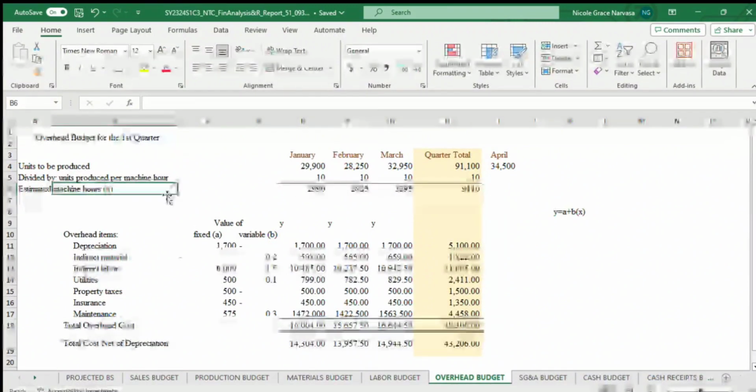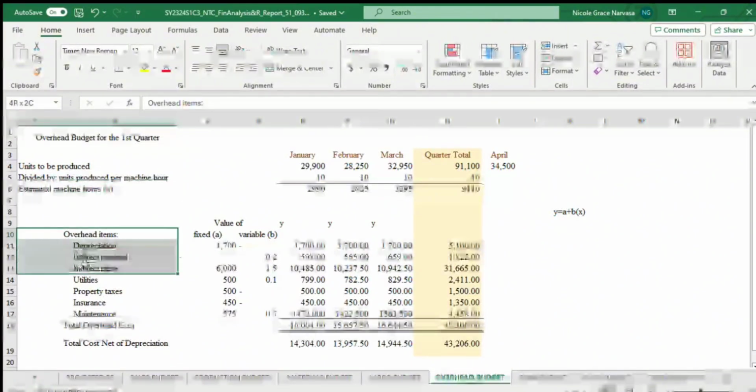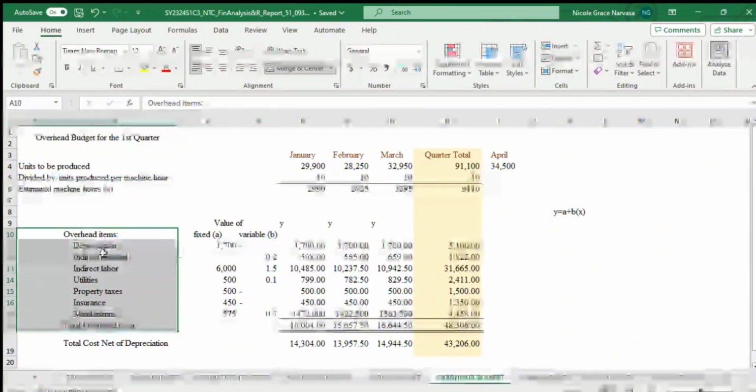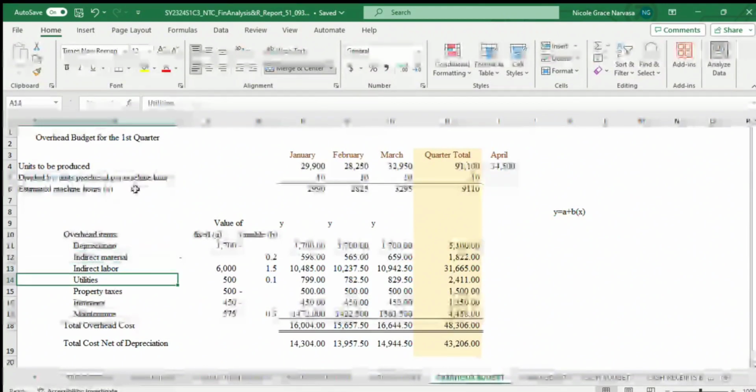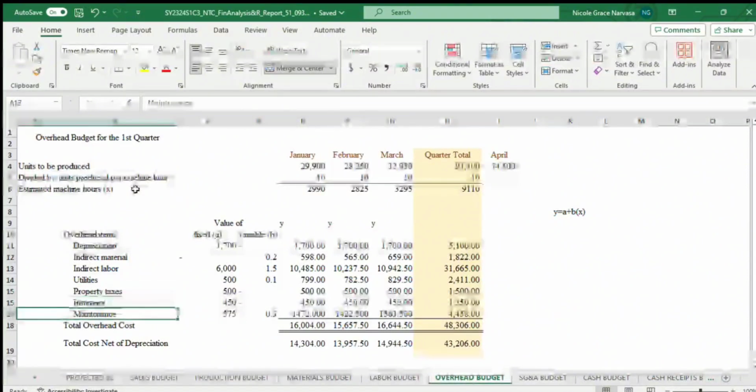The other assumptions here in the overhead budget are the following overhead items. The components under overhead items are depreciation, indirect material, indirect labor, utilities, property taxes, insurance, and maintenance.